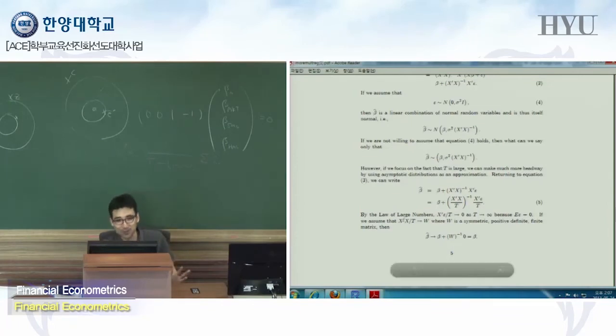It is more like an assumption again, but x prime x over T is an average of x squares. If that average exists, we can say this. And if we accept the law of large numbers and this reasonable assumption, then beta hat will converge to beta if we have a large number of samples.